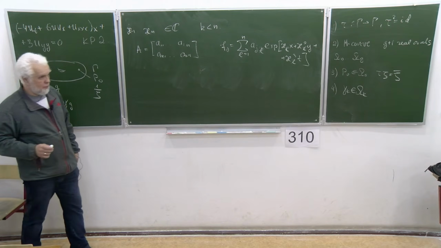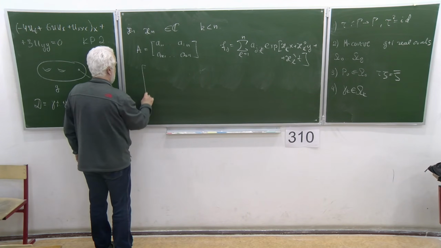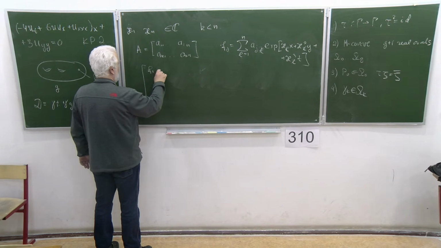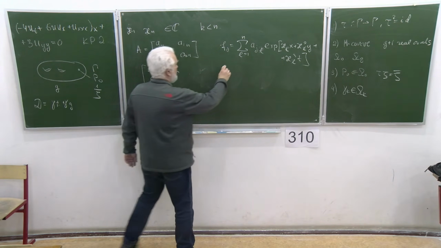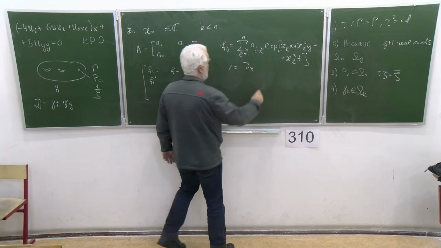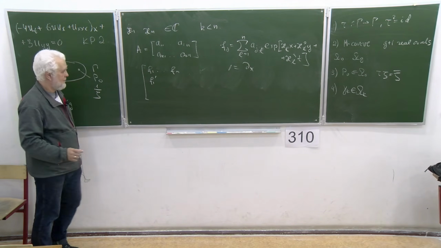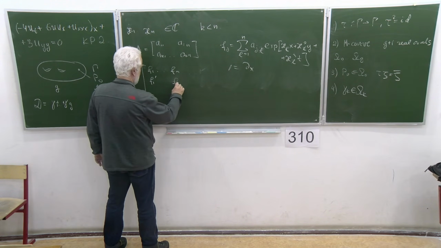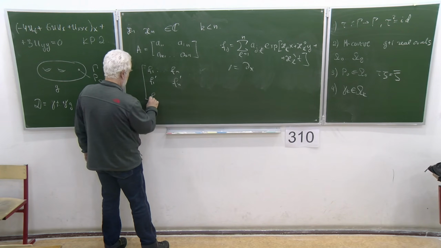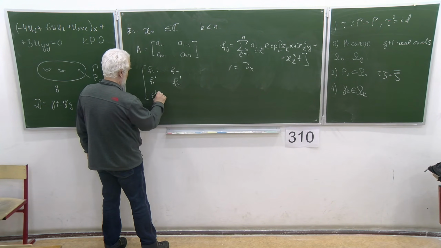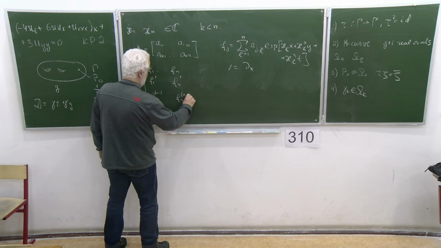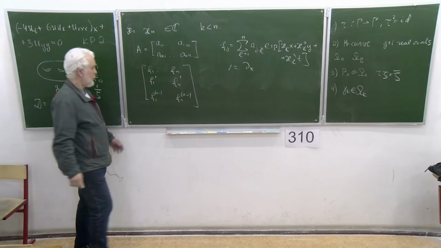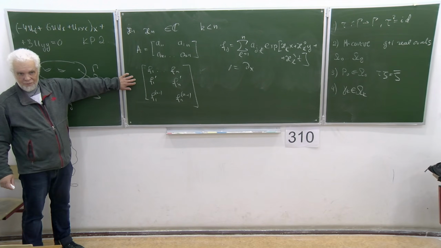Then you construct the matrix with F1, ..., Fn, F1 prime, ..., where prime means d/dx, up to the (n minus 1)th derivatives. You construct the Wronskian of these functions.